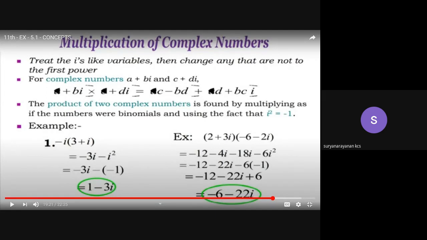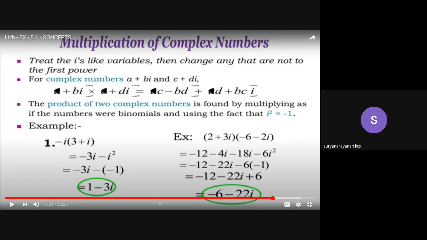By simplifying these like terms, we get minus 22i, minus 6 into, again here, i square. We got i square, which means minus 1, so we substituted minus 1 in place of i square. So minus 12 minus 22i minus 6 into minus 1, we get plus 6.